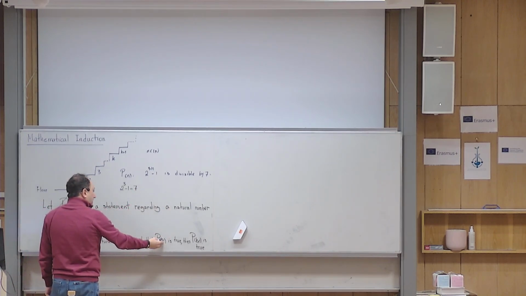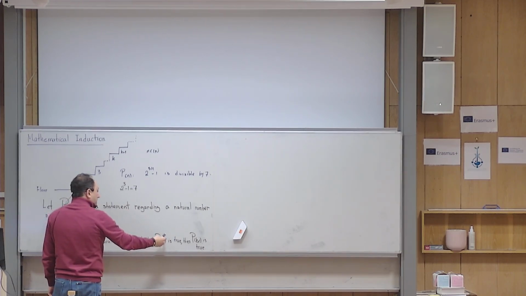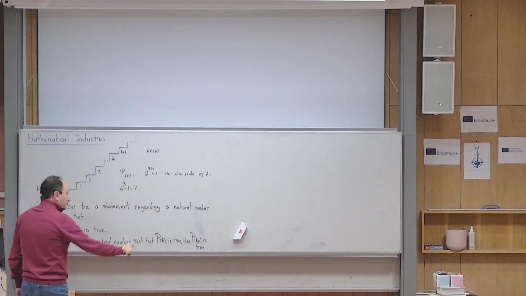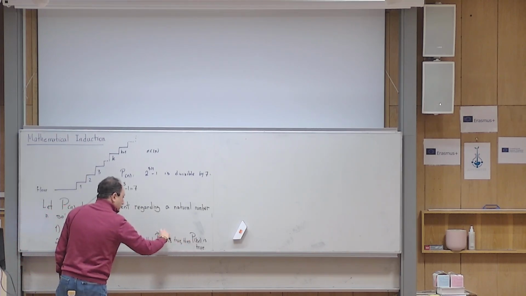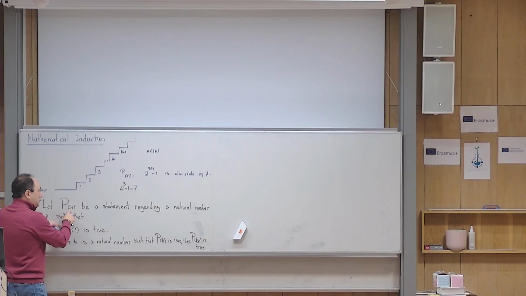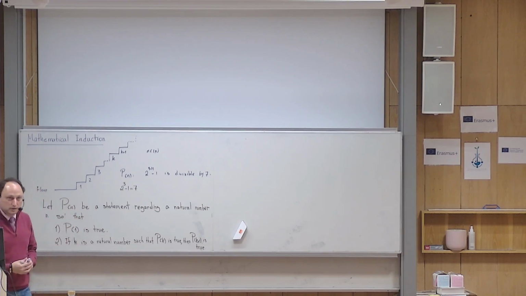Now, if the first one is true, you yourself assume that this one is also true for number k, and I try to show that this is also true for the next level, P of k plus 1. If you succeed to do this as well, these two together guarantee you that P of n is true for every natural number. Is that clear?